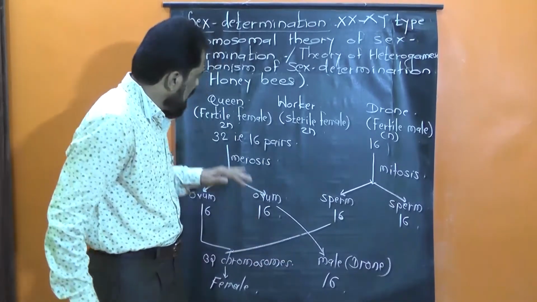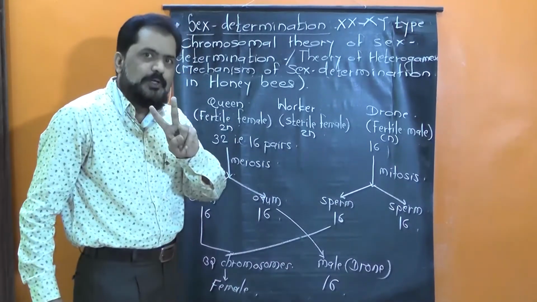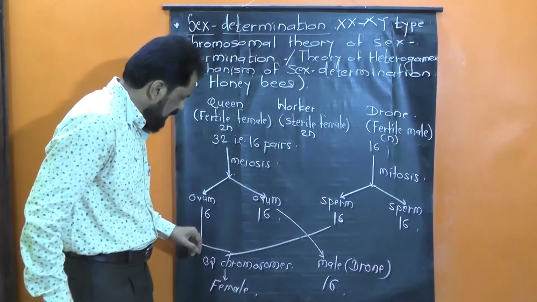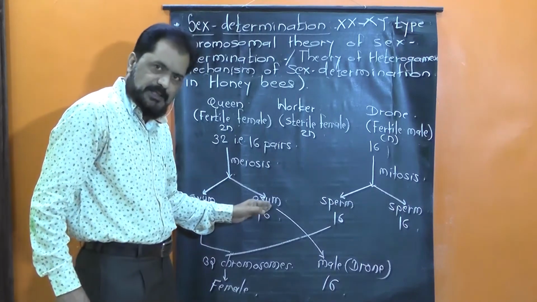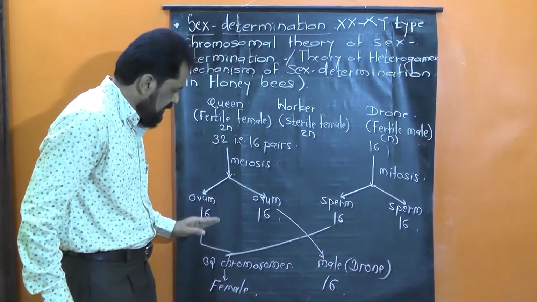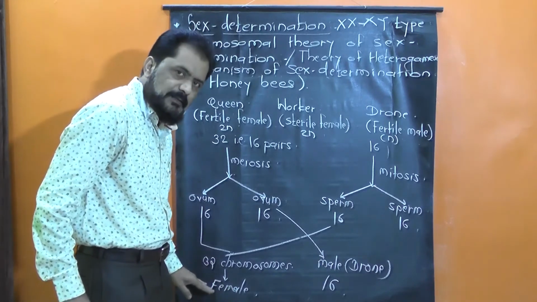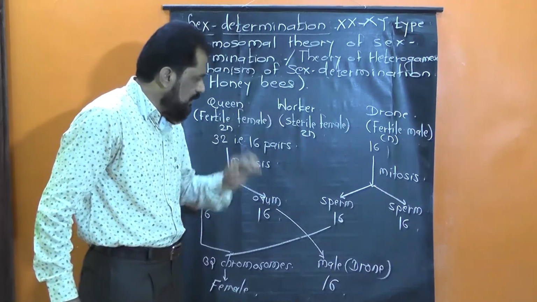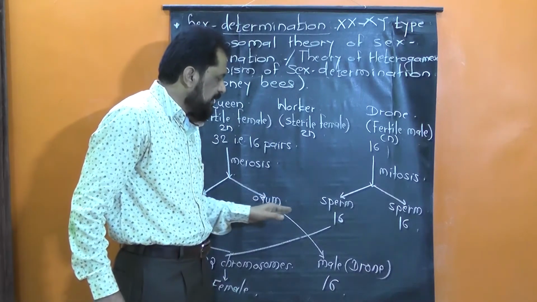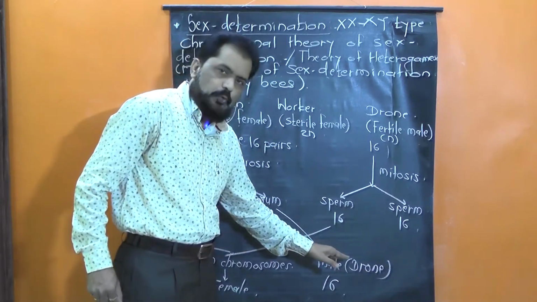It means the queen bee lays two different types of eggs, fertilized eggs and unfertilized eggs. Fertilized eggs develop into the female, that is either queen or worker, and unfertilized eggs develop into the drone.